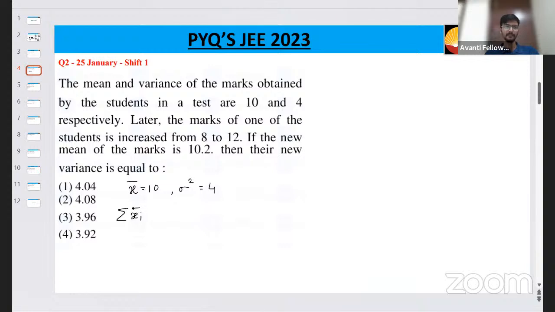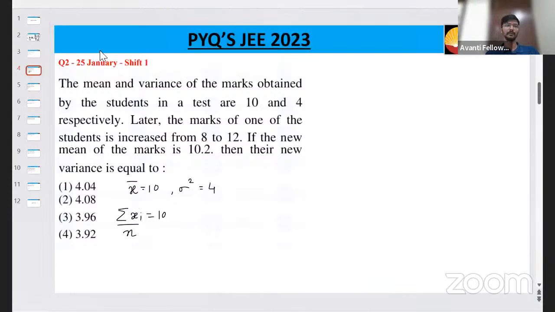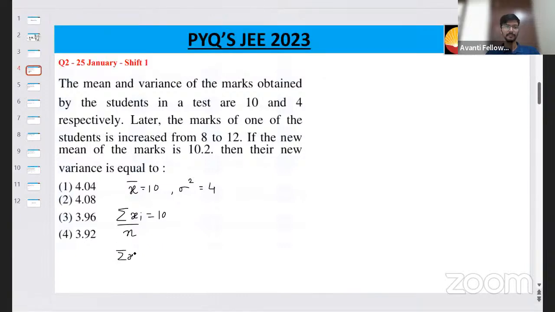So what is x bar? Summation xi upon n is 10. What is given? Marks of one of the students increased from 8 to 12. So that means summation xi, first it was 8, then it became 12, upon n is 10.